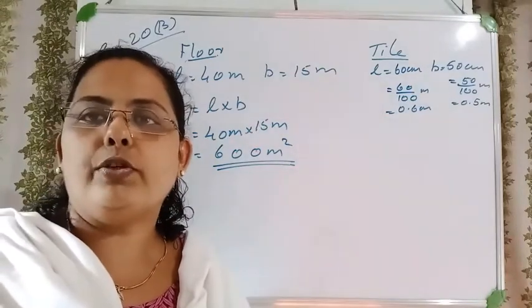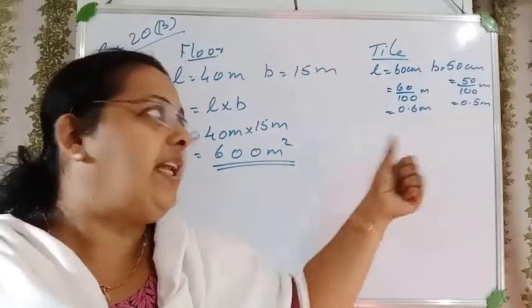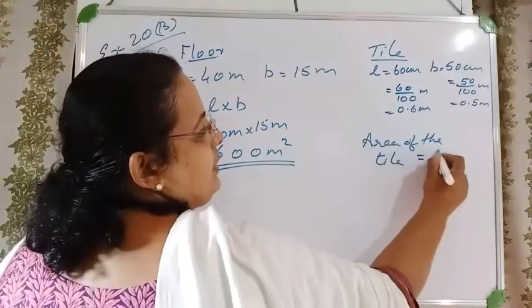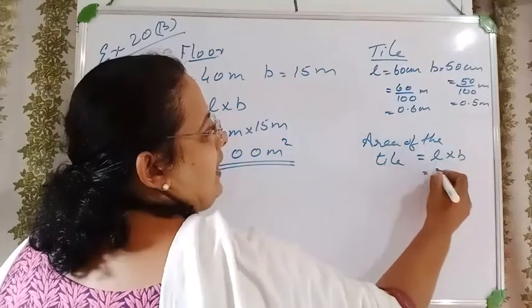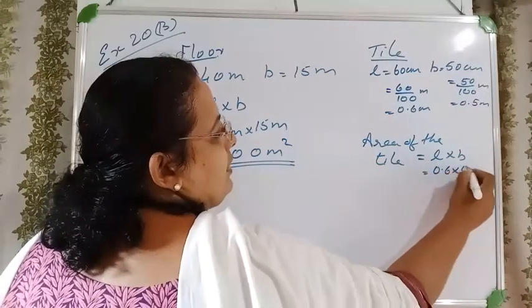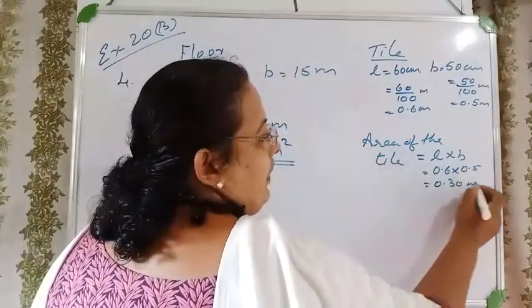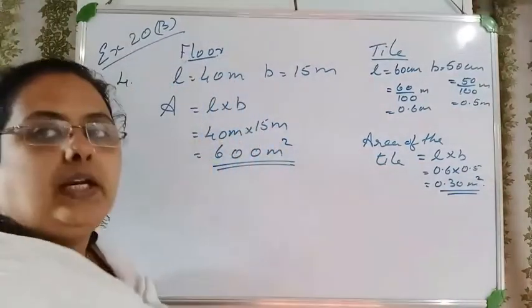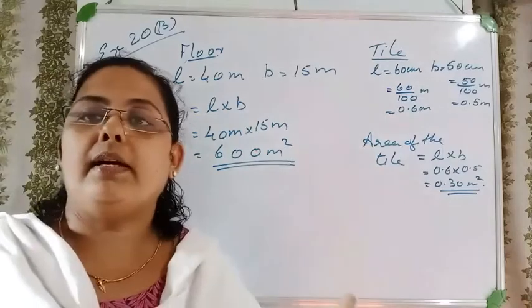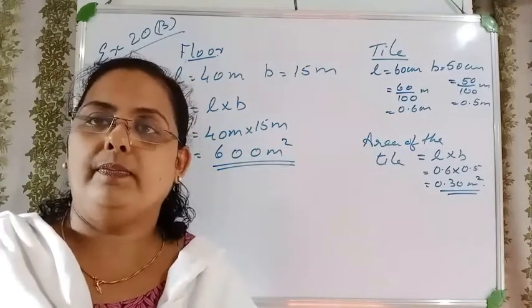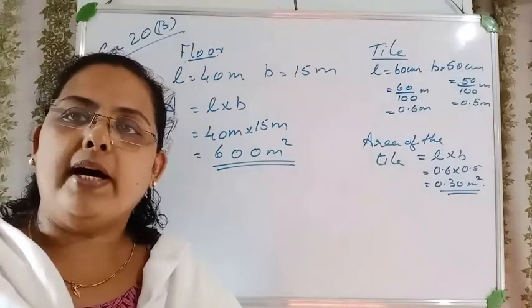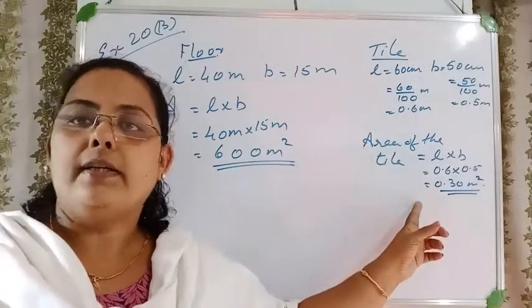Now what we have to do? We have to find the area of one tile. So area of the tile is equal to length into breadth, that is equal to 0.6 into 0.5, 0.30 meters square. Now how can we find the number of tiles required there? That is area of the floor divided by area of the tile.